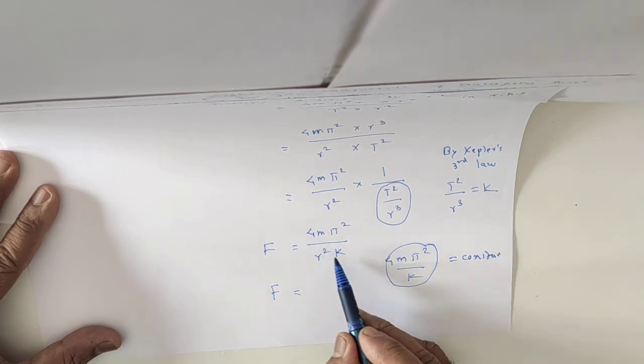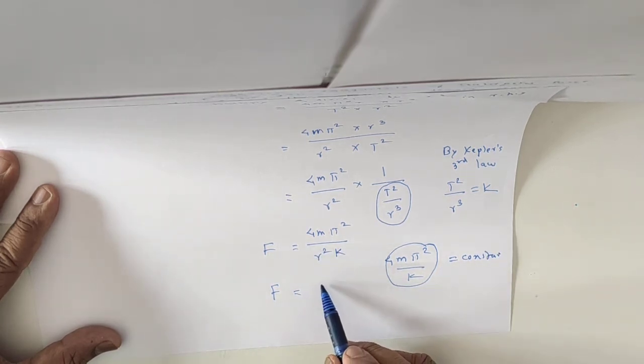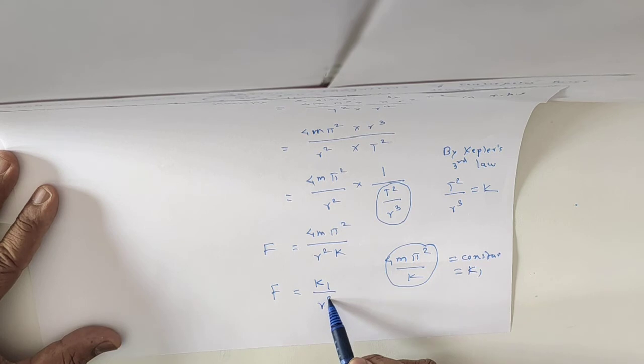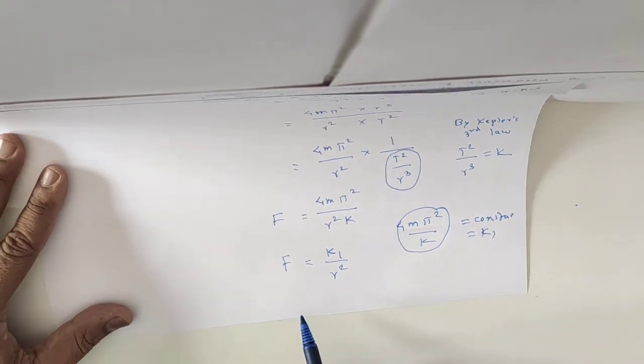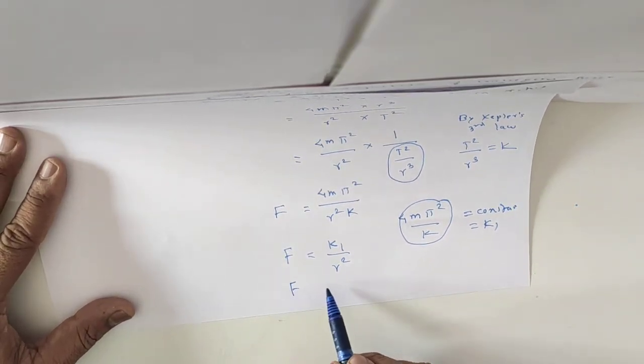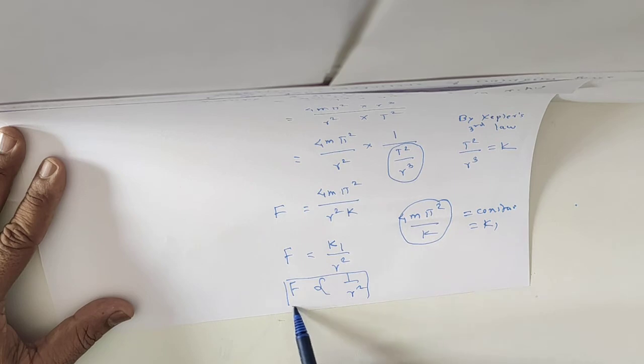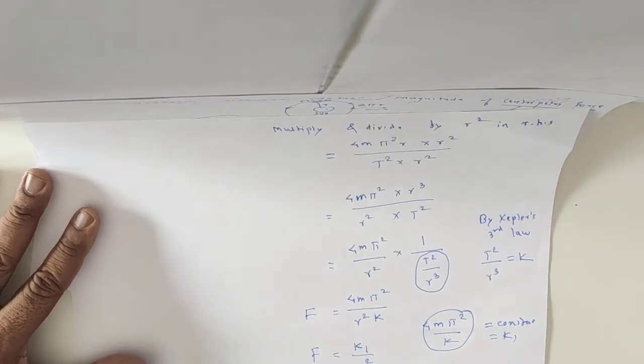Suppose this is k1, then k1 upon r square. We can write this expression as F is directly proportional to 1 upon r square, because k1 is constant. And this is the conclusion of Newton.